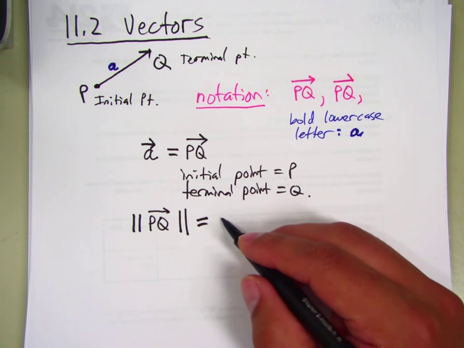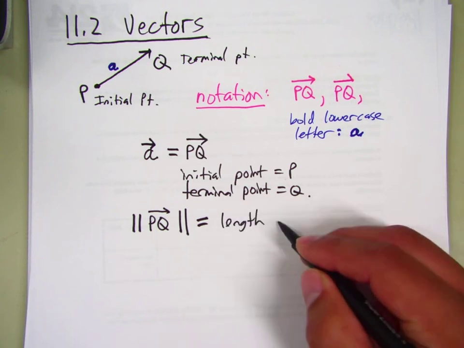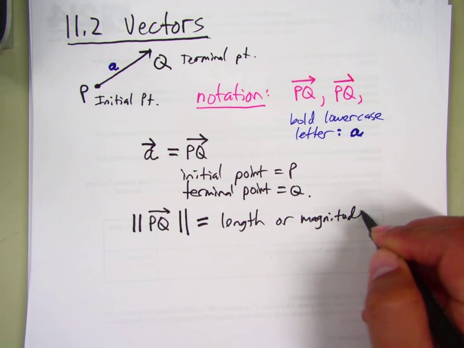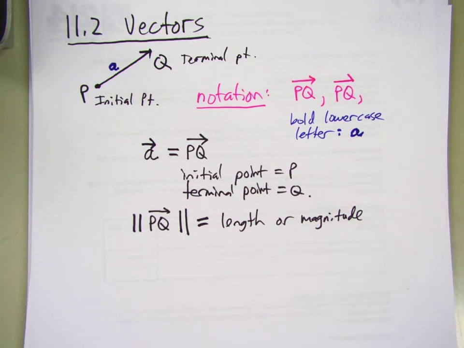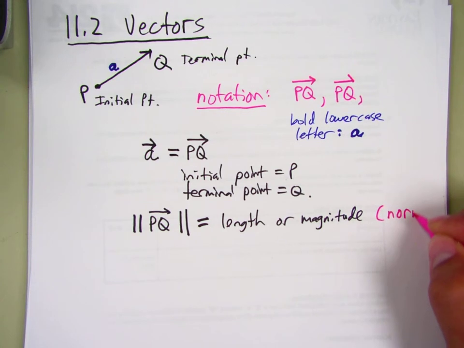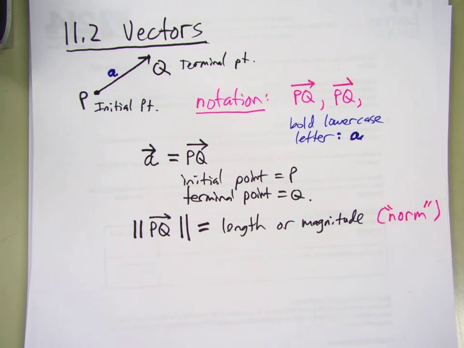All it means is length or magnitude. The fancy word that we're going to use is norm. So if you're asked to find the norm of a vector, it really is just asking you to find how big or how long it is. Okay?